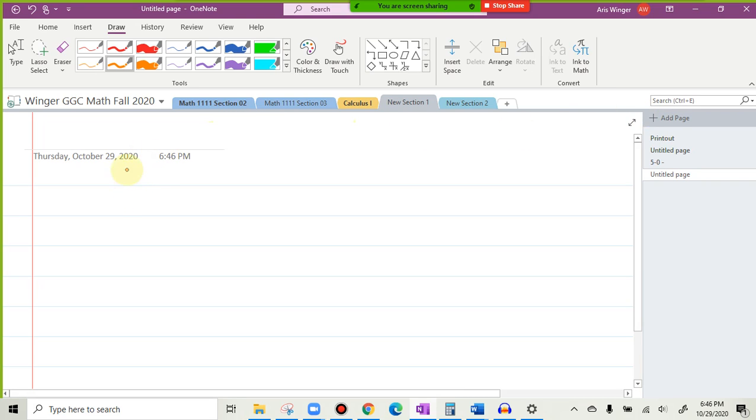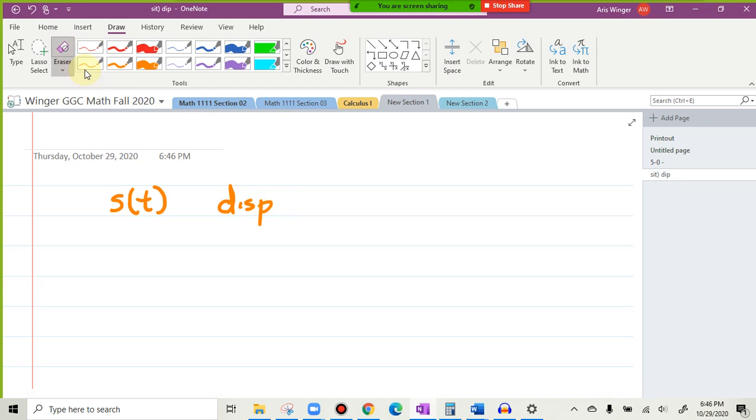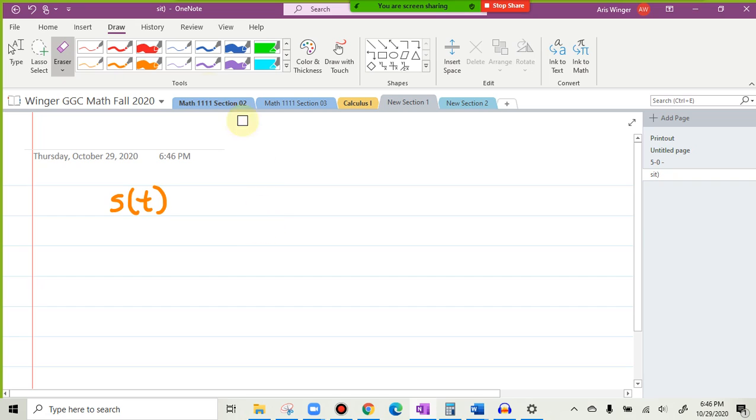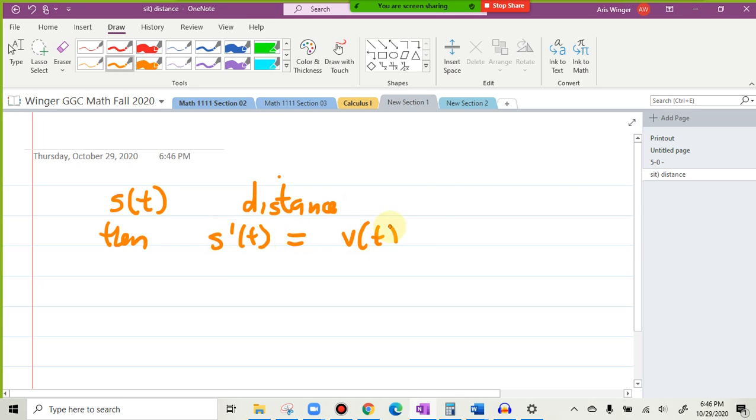We know that when s of t is displacement or distance, then the derivative of s is the velocity.